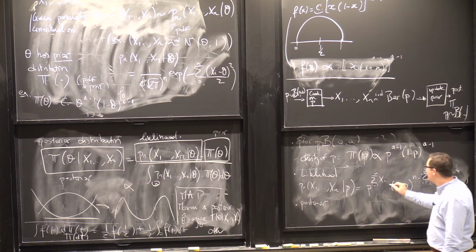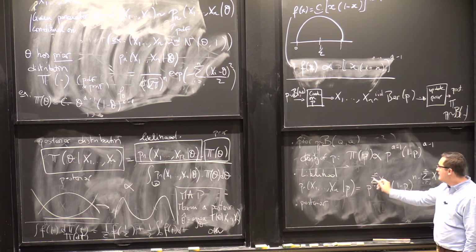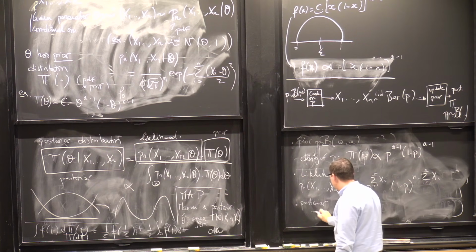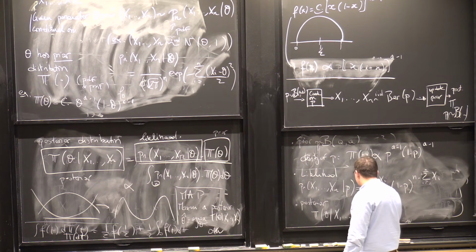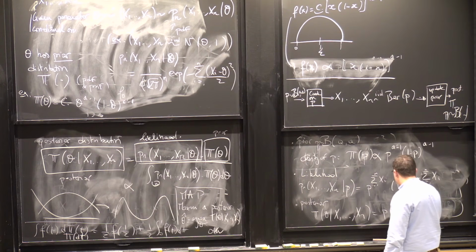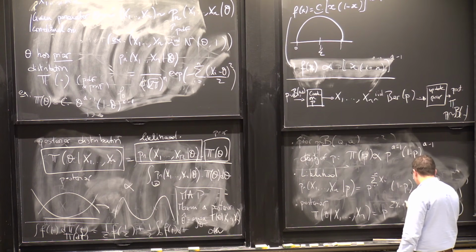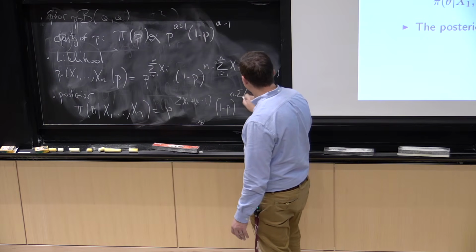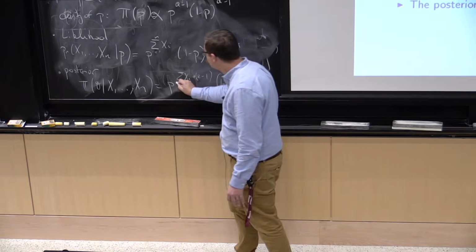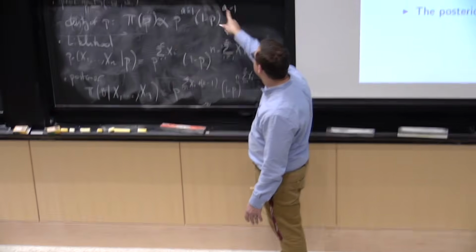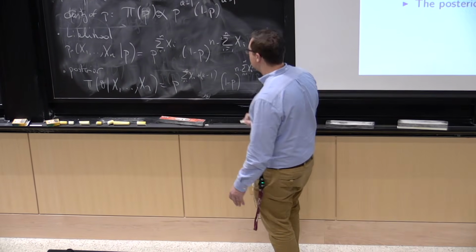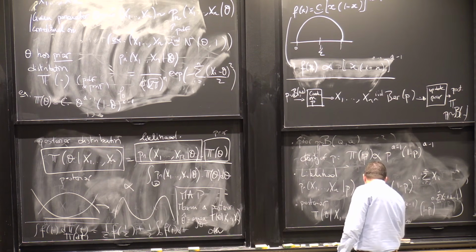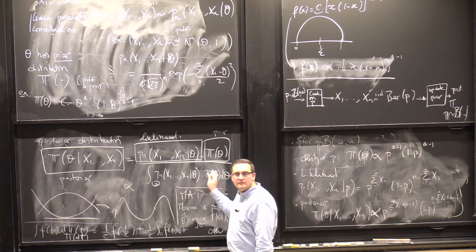If I multiply this guy with this guy, well, P gets to the power sum of xi's plus a minus 1, and then 1 minus P gets to the power n minus sum of xi's plus a minus 1, where the sums are from i equal 1 to n. And this is up to a constant, because I still need to solve this.